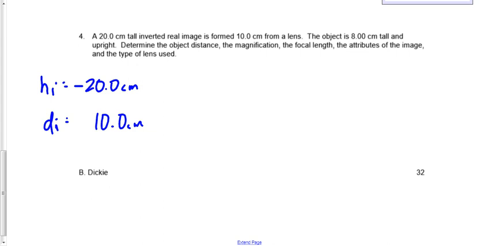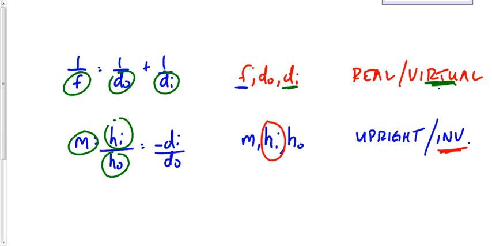But we don't know whether we have a positive DI or a negative DI. Or do we? If it is a real image, we go back to real and virtual here. A real image would mean that we have to have a positive DI.